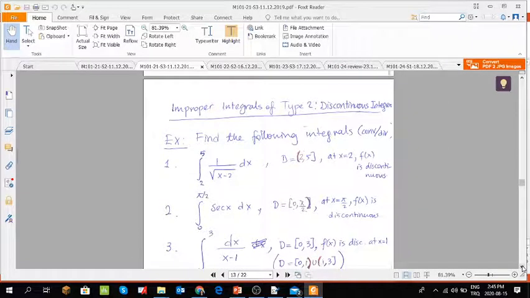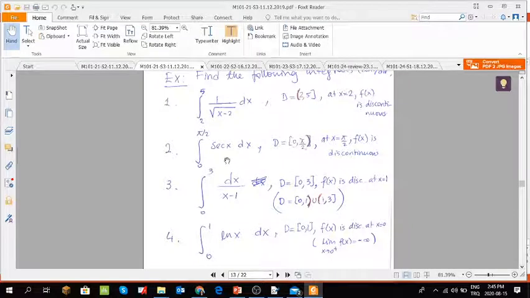Next, we want to talk about improper integrals of type 2. We call them discontinuous integrands. Find whether the following integrals are convergent or divergent. Look first at the integrand: it is discontinuous at 2. So the domain is a half open interval, 2 to 5, 2 is not included, and f is discontinuous there.